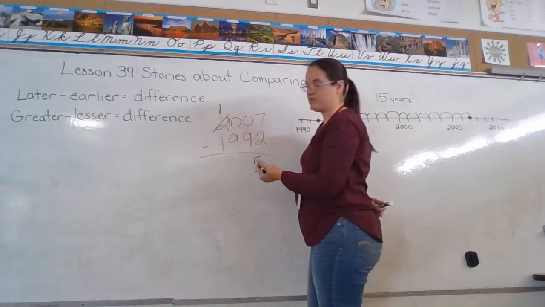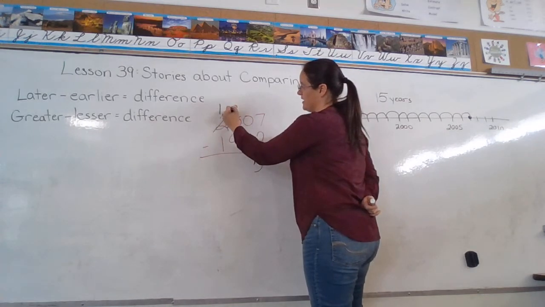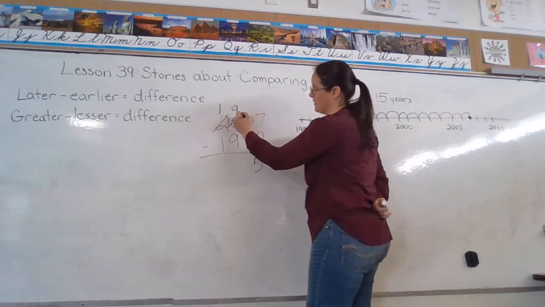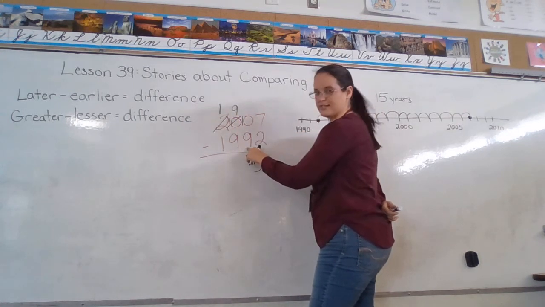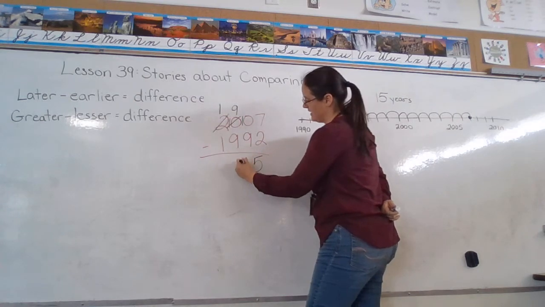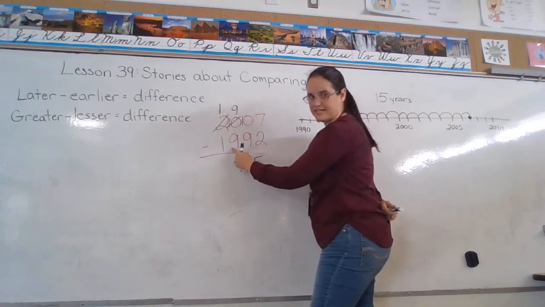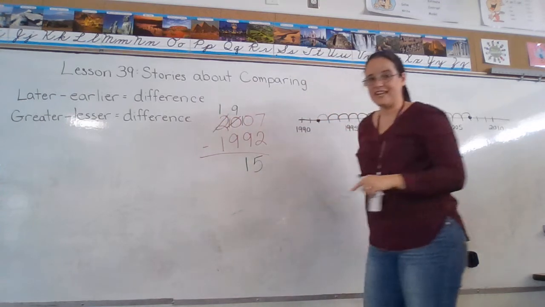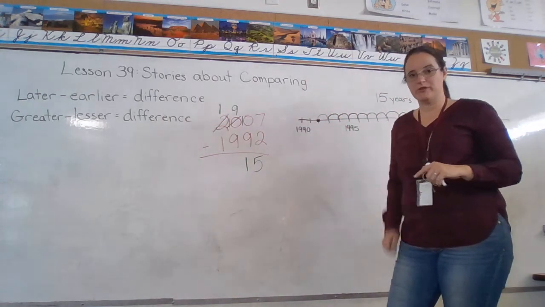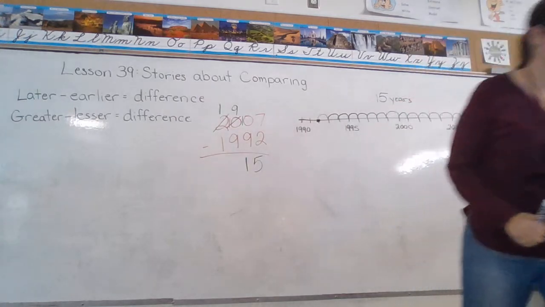So I have 10 hundreds. Now I can borrow 100, so I have 9 left, and break that into tens, 10 tens. 10 tens minus 9 tens gives me 1 ten. 9 minus 9 is 0. 1 minus 1 is 0. So once again, I got 15, and I would have to put the label years.